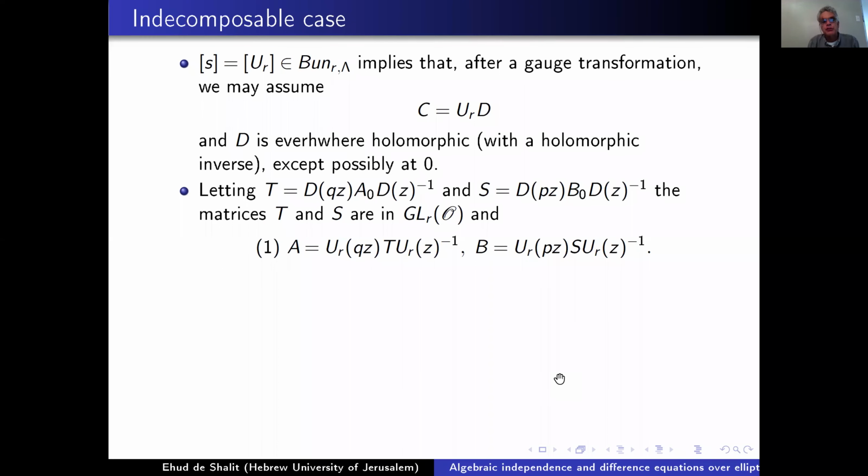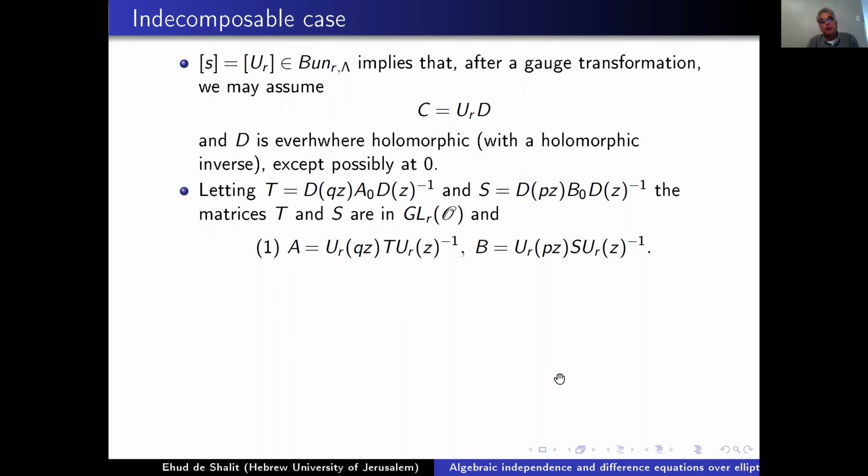And then you get this very nice relation that A is UR at QZ times T times UR at Z inverse. And similarly, B, where you take P instead of Q and S instead of T. And there is some tension in these equations because A is a matrix of globally meromorphic but lambda periodic functions, and T doesn't have the periodicity a priori, but is a matrix of globally holomorphic functions.